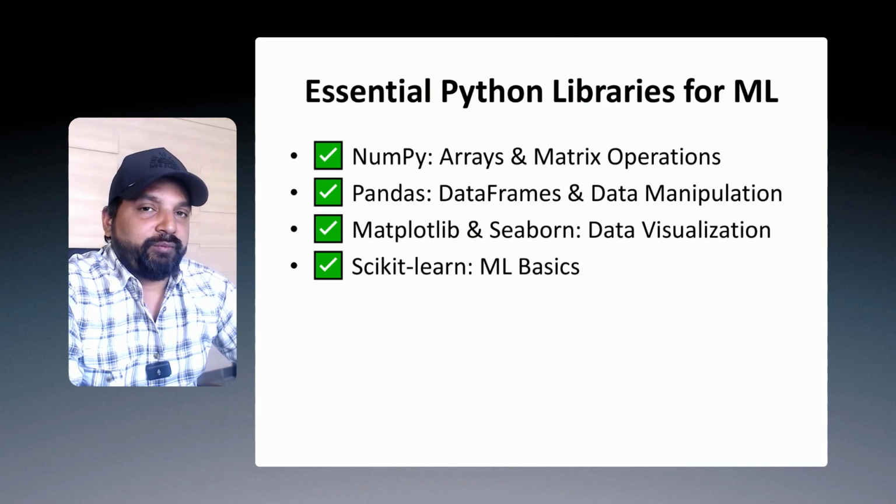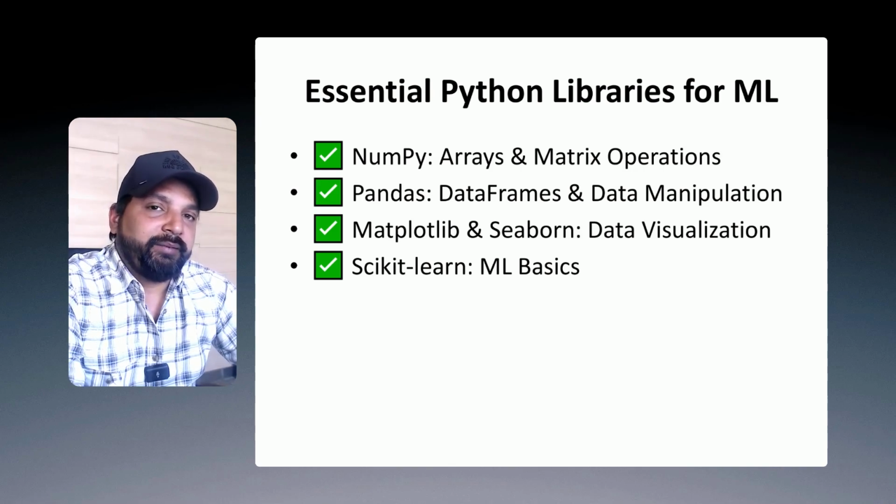Now, in the next module, we will see what the essential Python libraries for machine learning are. Like NumPy is a very important library. This section is very important, so you should be more attentive towards this section. So, what is NumPy?